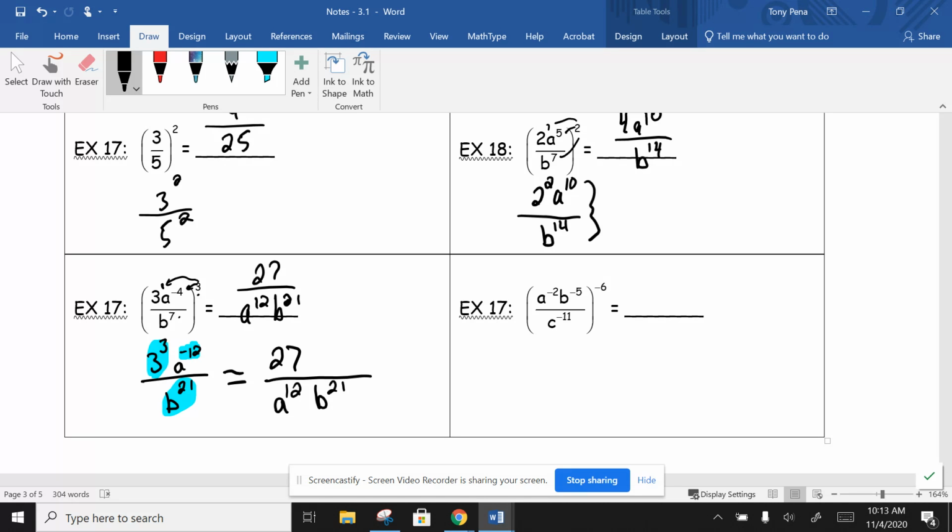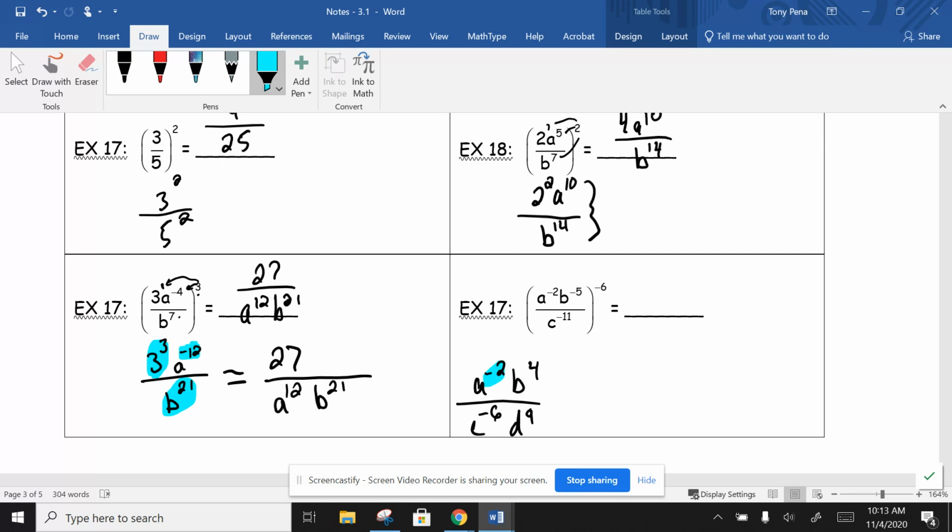All right. Yeah, Ahmed? I have a question. Yeah, go ahead. What happens if the a is positive? Would the a stay in the same denominator or the numerator? Yep. If you have a positive exponent, we're not moving it. All right. So your question, let's say I gave you a to the negative 2, b to the 4th over c to the negative 6, d to the 9th.